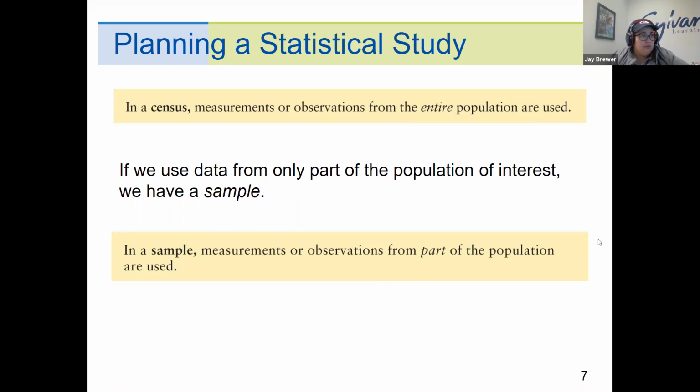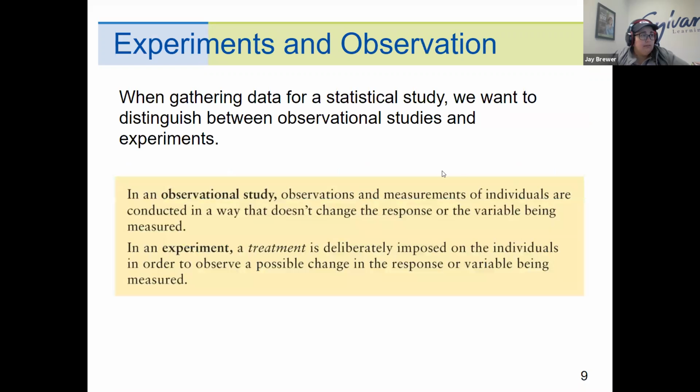But okay. So, experiments and observation. There is a difference between an observational study and an experiment. One of the biggest differences being that with an observational study, that's literally all you're doing. You are observing. Okay. So, you can't really observe sitting behind a table because you're going to have a bunch of people walking up to you asking you what you're doing.